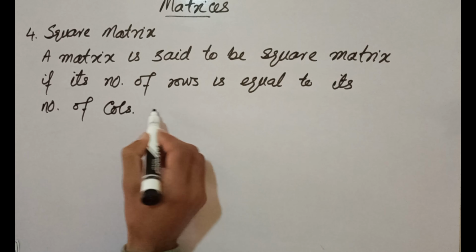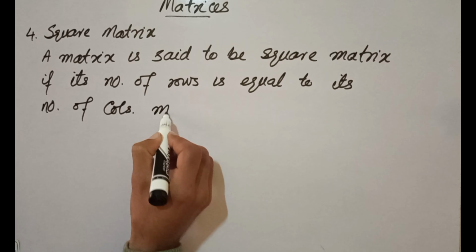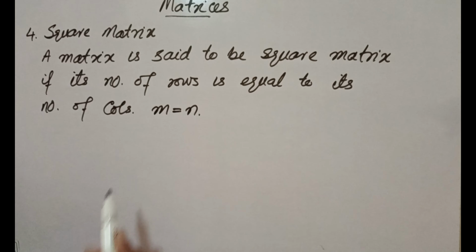In this case, when m is equal to n, then the matrix is said to be a square matrix.